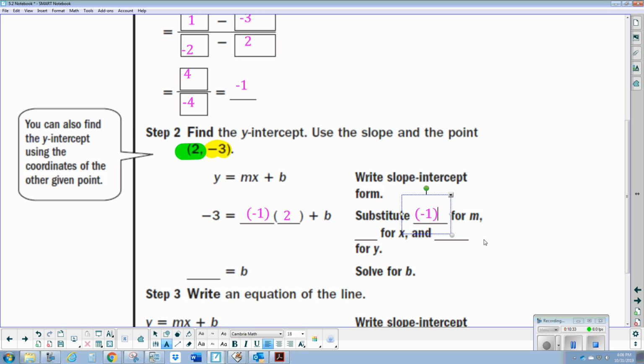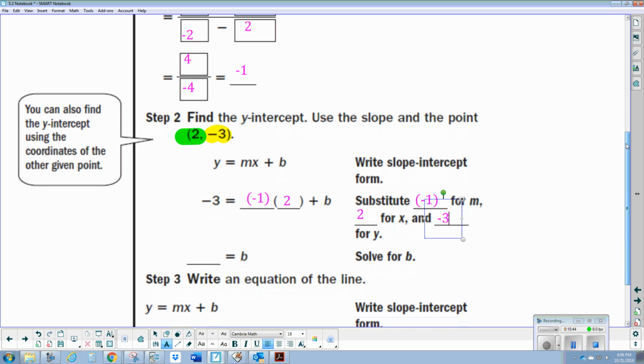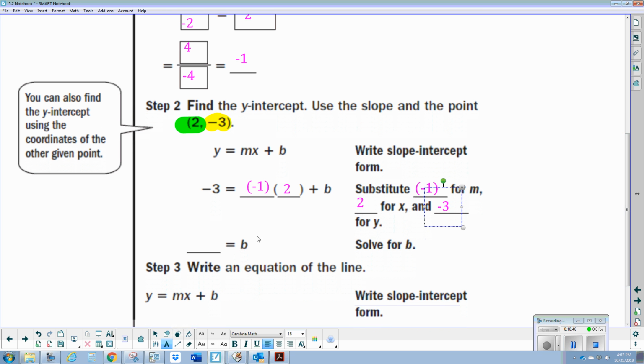I can substitute 2 in for x, because that's the coordinate I'm given, and I substitute -3 in for y, because again, that's the y coordinate of the ordered pair that I was given. Okay, so now I can solve for b, just like I did in the last example. So -3 is equal to -2 plus b, and I can now add 2 to both sides, and I get -1 is equal to b.